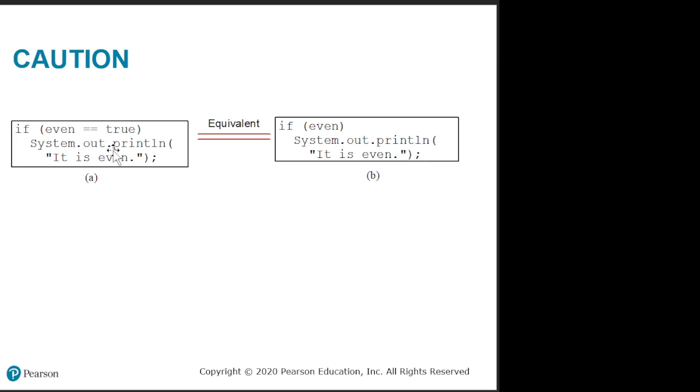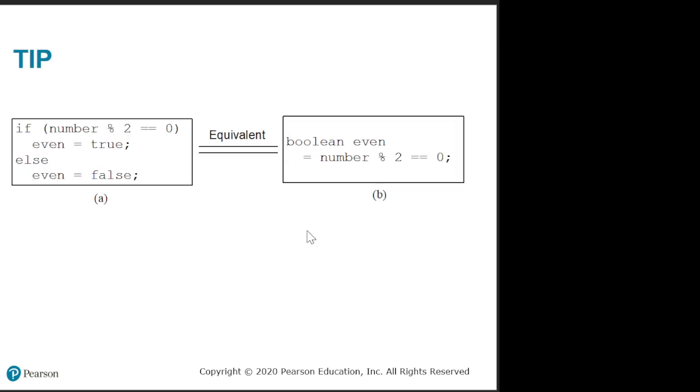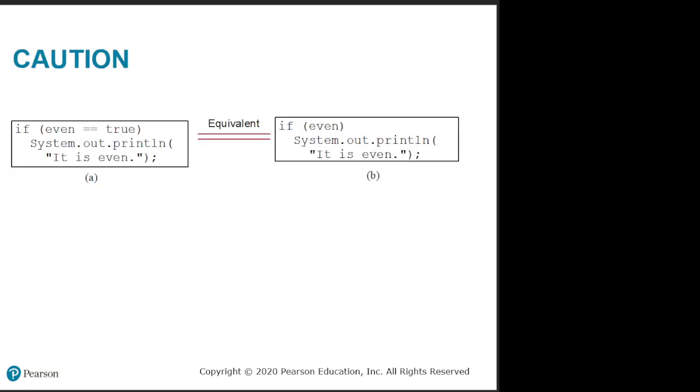Now here, if even is true, it'll print it as even. But if up above here we set a Boolean to be true or false, if even is a Boolean value, we don't need to compare to see if it's true, because Booleans will return a true or false. So we can ask ourselves, is this thing true or false?